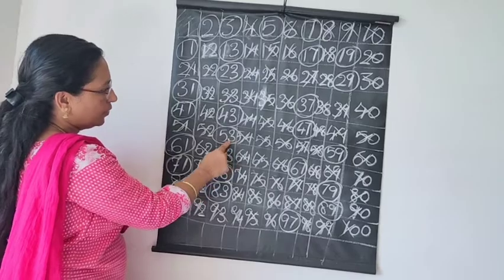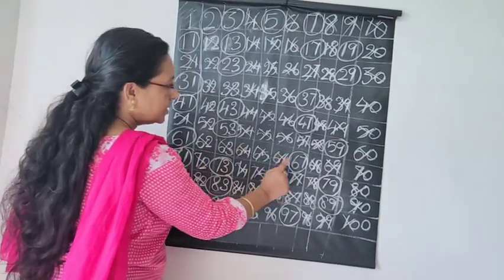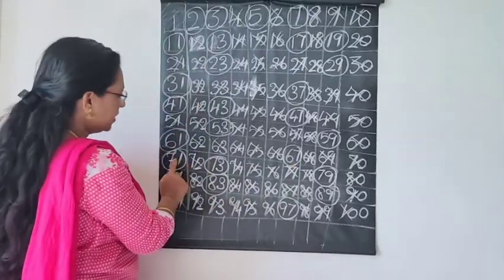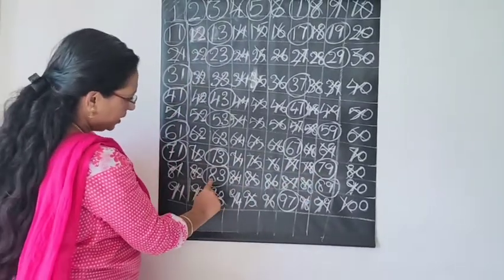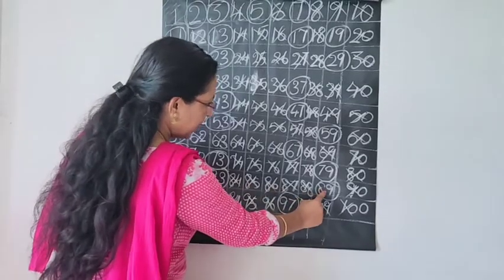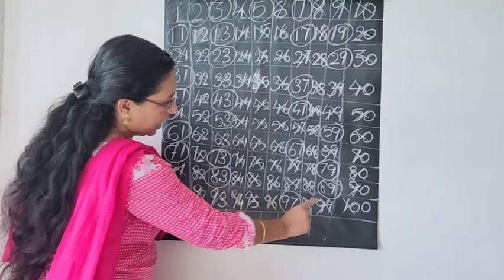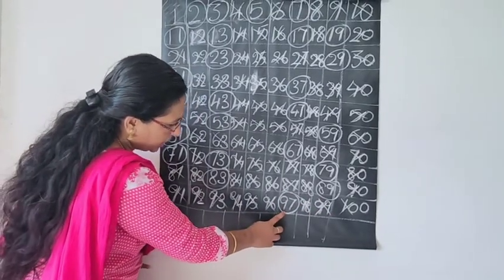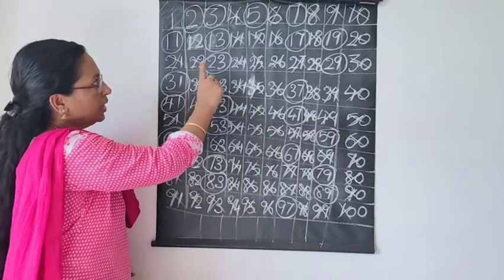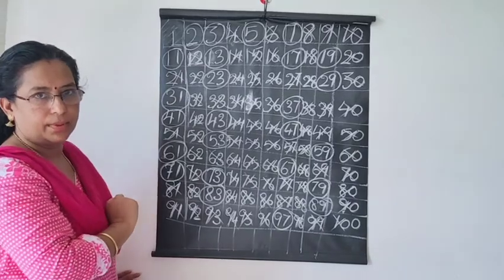Here in this row, 53, 59, 61, 67, 71, 73, 79, 83, 89, and between 90 and 100, what is the one and only prime number? 97. So these all encircled numbers are the prime numbers.